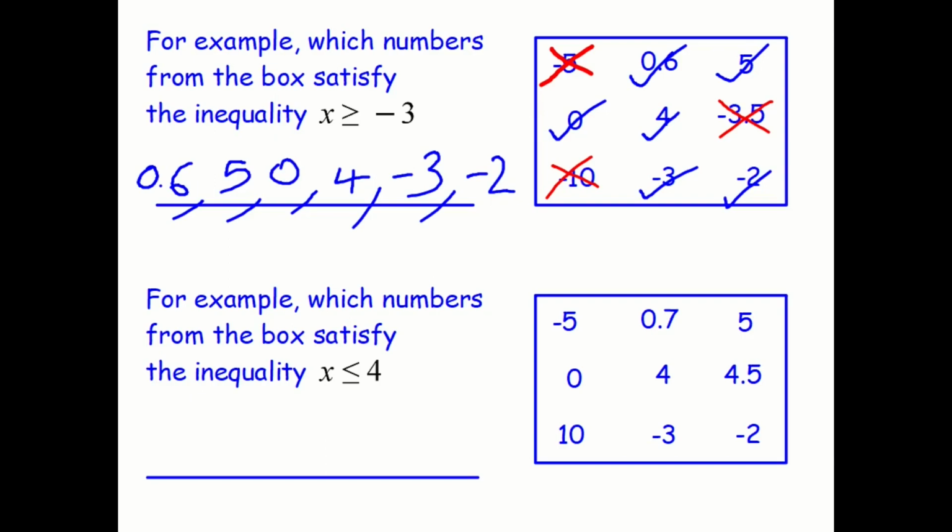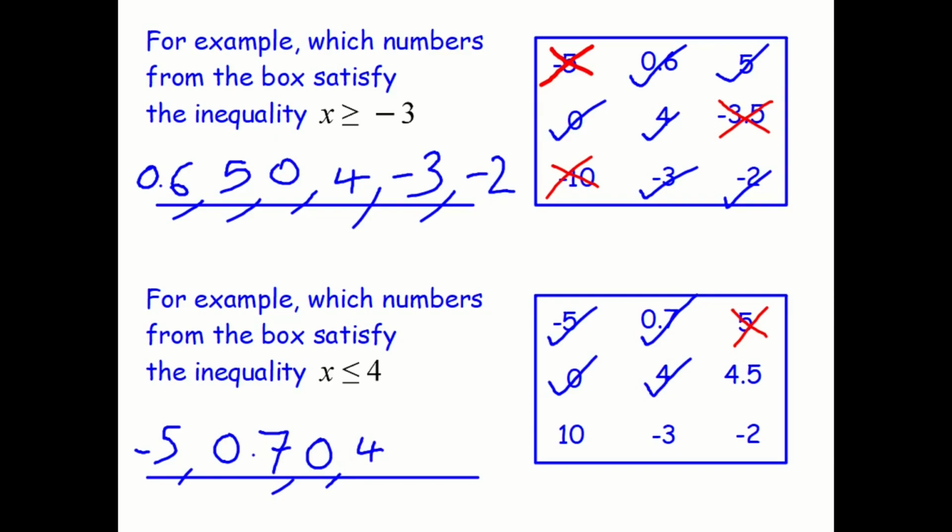Next example, for example, which numbers from the box satisfy the inequality that x is less than or equal to 4? So less than or equal to 4, minus 5, 0.7, 5, no, because that's obviously greater than 4. 0 does satisfy this inequality. 4 does because it's equal to 4.